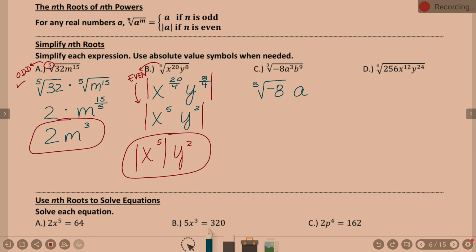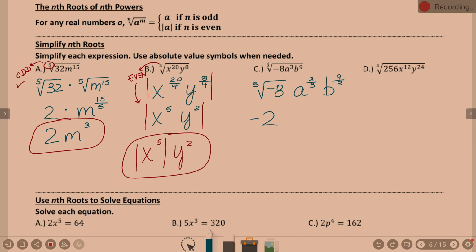How am I going to write a? It's going to be a to what power to begin with? It was a to the third, and we're dividing that power by the index of 3. What about b? It's going to be b to what power? Nine over 3? And you don't necessarily have to write these steps out. This is just me trying to make sure you have it on paper so you can see it. What does this clean up to be? Cube root of negative 8 was negative 2.